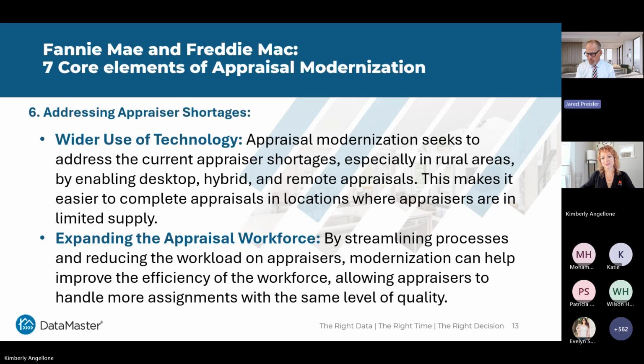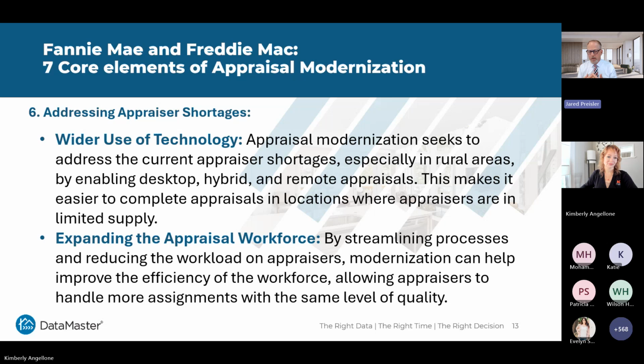The second bullet point here, expanding the appraisal workforce. What this means is that by using technology, I may be able to have a non-credentialed participant do some parts. I could delegate some of the work through technology, and still my credential is where the value is in completing that report.